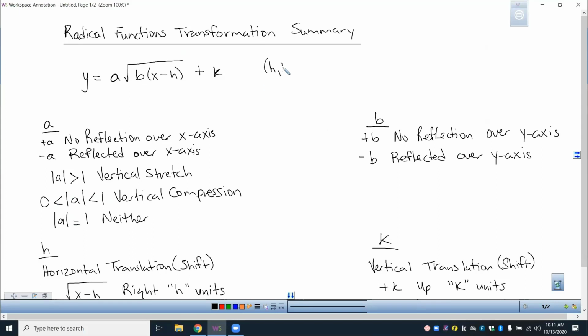So H and K, we'll say are the endpoint or starting point or vertex, however you want to think of it. HK is that endpoint. So those are where those values come from when you're doing domain and range.